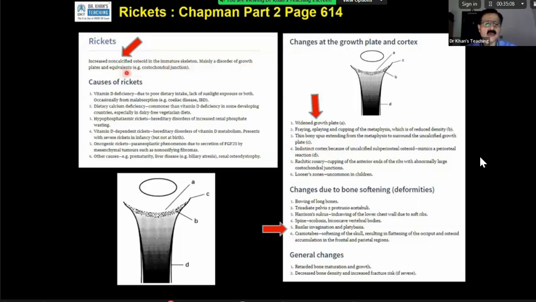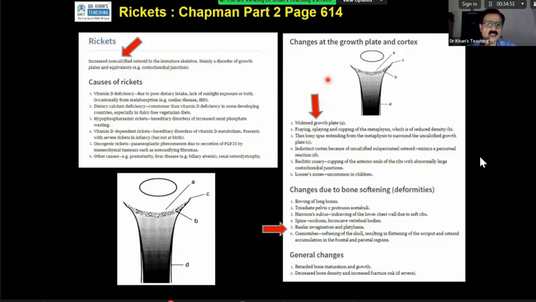Growth plates and equivalent. So in the rib, what is the equivalent? Costochondral junction. And that is why in the ribs, that is an exam film, you will get expansion of the costochondral junction.